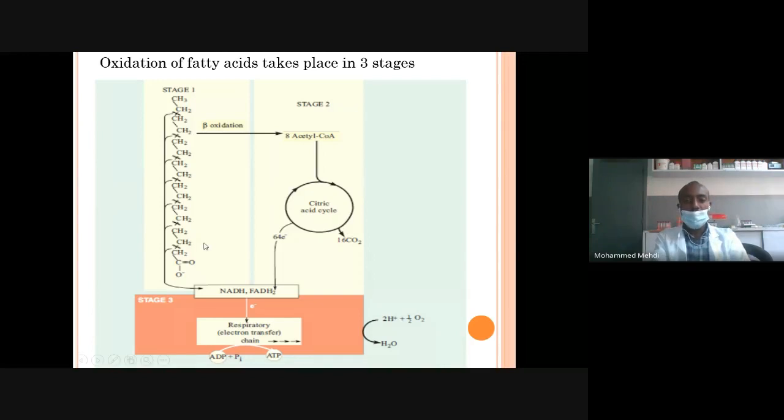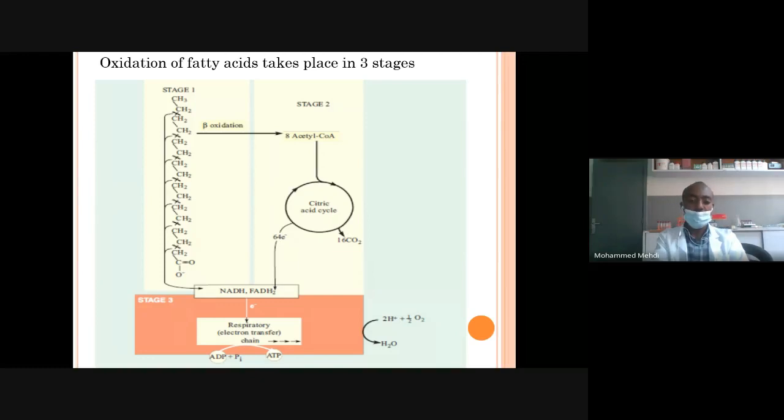The reduced coenzymes now enter the electron transport chain. Through the electron transport chain, or respiratory chain, they will be re-oxidized. They transfer electrons and hydrogen atoms to this electron transport chain. As a result, we will have ATP formation by the ATP synthase channel.